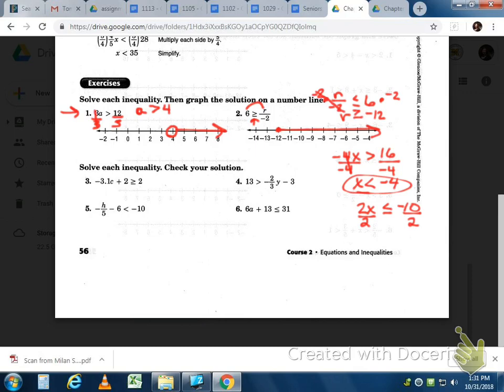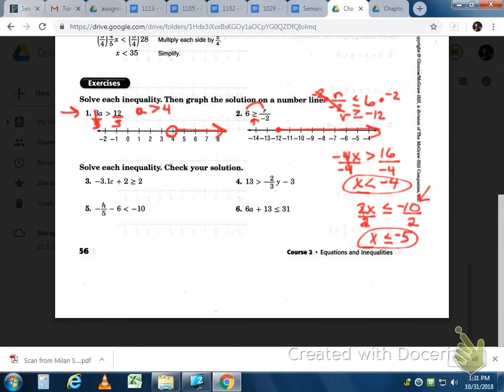I just said divide by 2, right? I didn't say divide by anything negative, did I? So x is less than or equal to negative 5. Now, just because there was a negative in the problem didn't automatically mean I had to flip it around. It's what I multiplied or divided with, and that was just a 2. That's just like a regular problem. Just so happens it's got a negative answer.